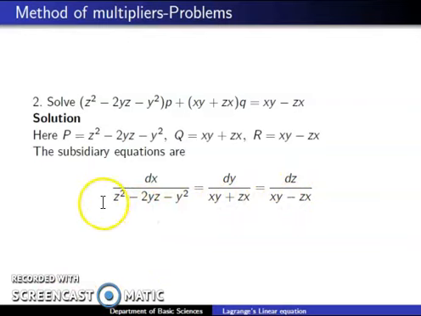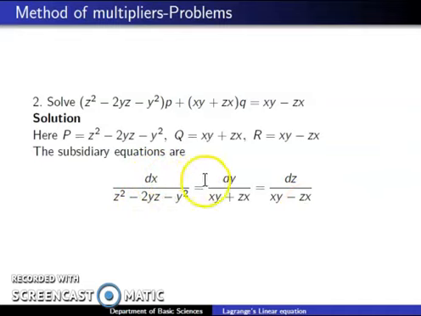Now let's see if it is possible to find multipliers for these relations. That means we have to find l, m and n, which may be constants or functions of x, y, z, such that l times this expression plus m times this expression plus n times this expression is equal to 0. When choosing the multipliers, remember that we are multiplying the denominators, and at the same time we are multiplying the numerators also.